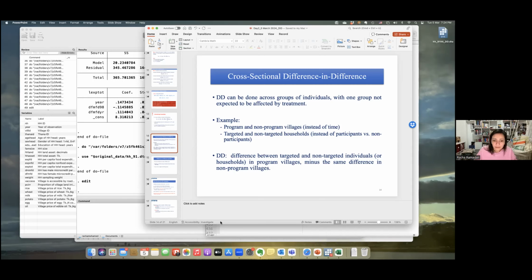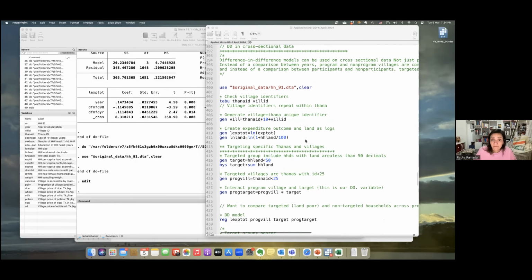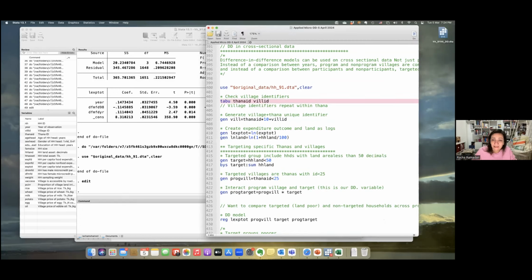I'll turn back to my data. Here, as you remember from the beginning, we have a village identifier, and we have a smaller decomposition of geographical locations than village, which we call the SANA. So we have SANA ID and village ID.